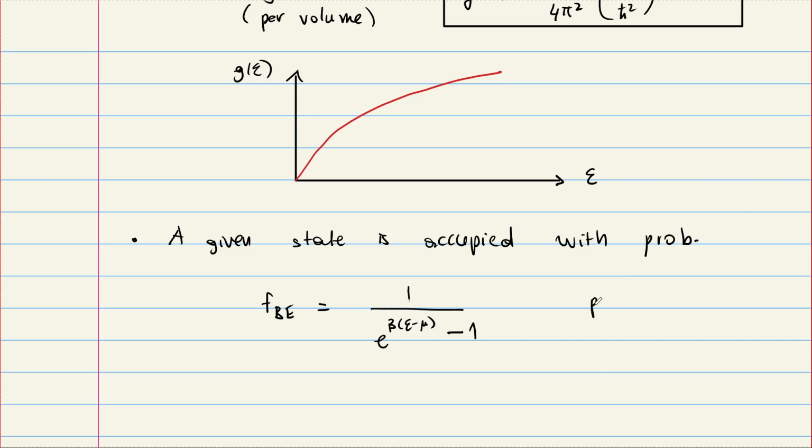And here, beta is 1 over kBT, kB is the Boltzmann constant, T is temperature, and mu is the chemical potential.